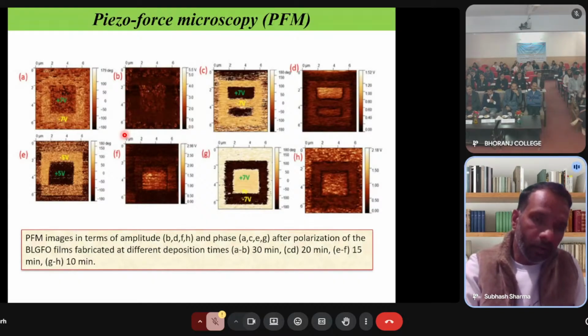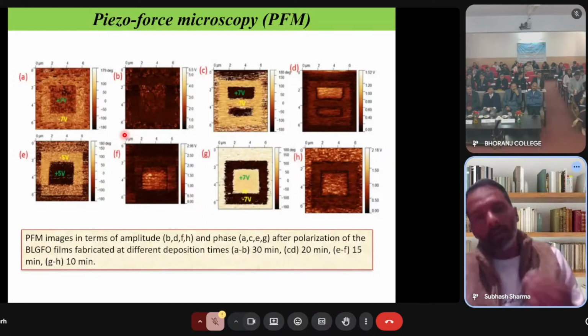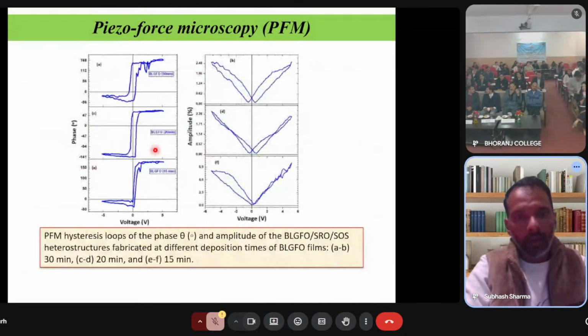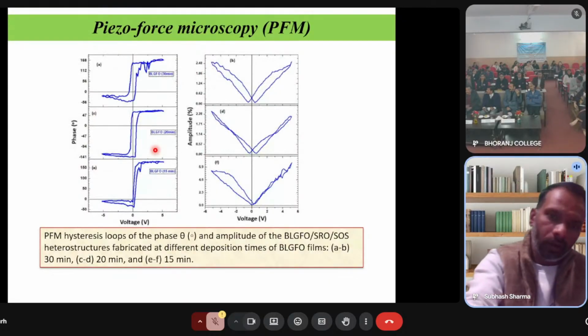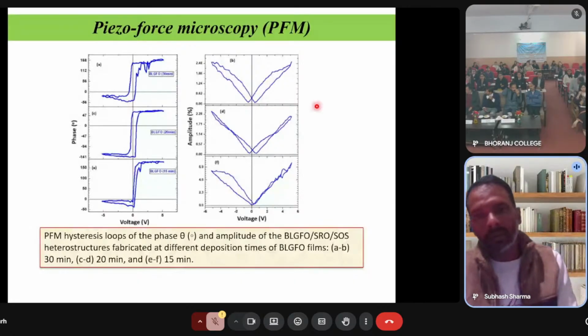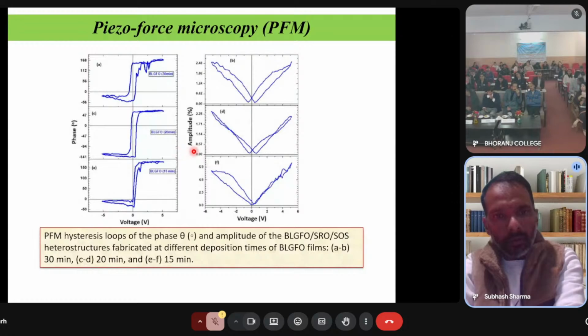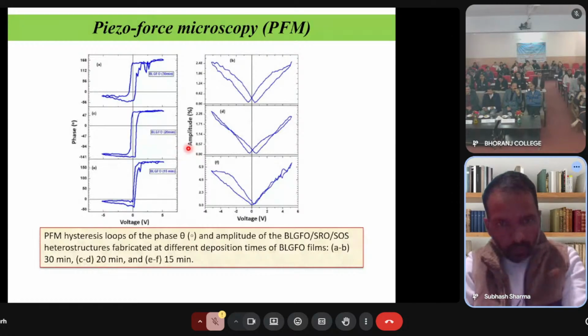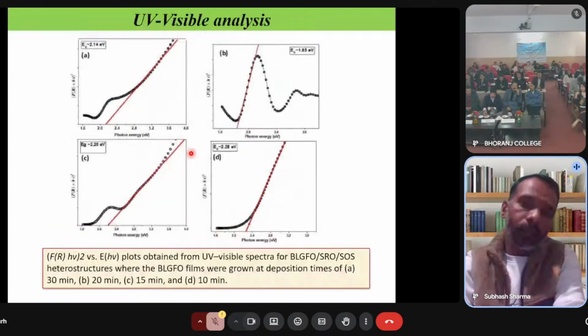If your material is non-ferroelectric, you are not supposed to see this, right? Only if your material is ferroelectric. And this is for phase and amplitude. So if your material is piezoelectric or ferroelectric, only then can we expect this kind of curve, hysteresis curve, strain curve. So we have checked for thin films, to double confirm that we have ferroelectric and piezoelectric response.